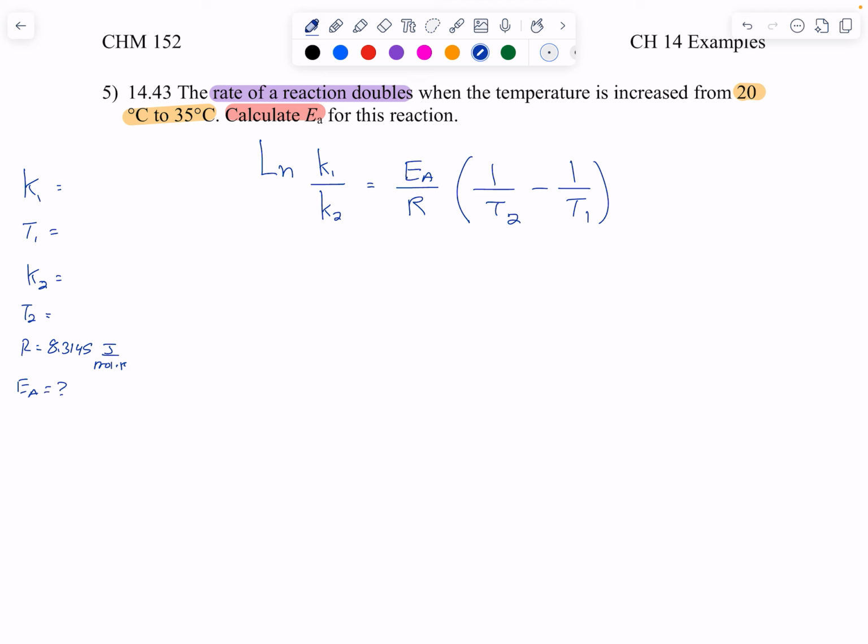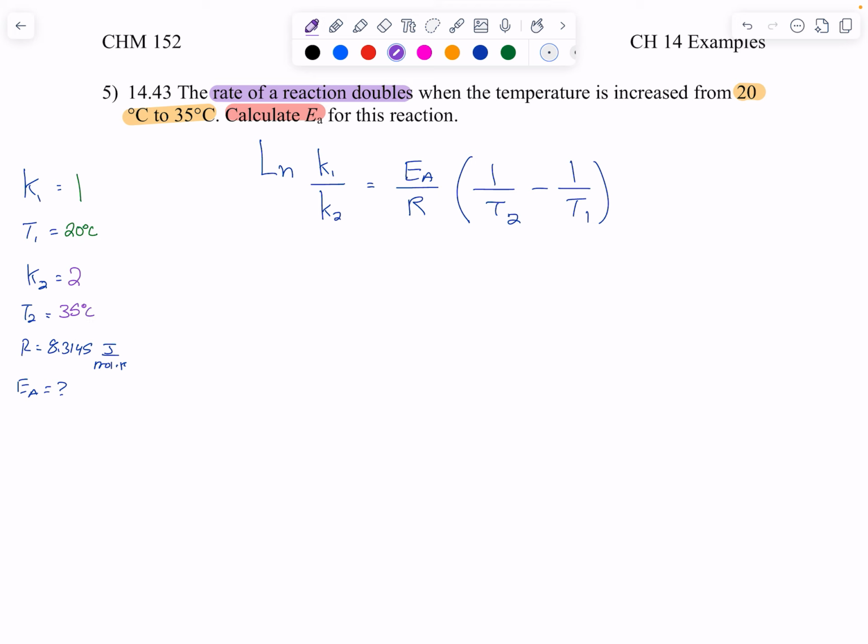And so the reaction rate doubles, right? So I would do K1 is 1 and 20 degrees Celsius. K2 is 2 and 35 degrees Celsius.